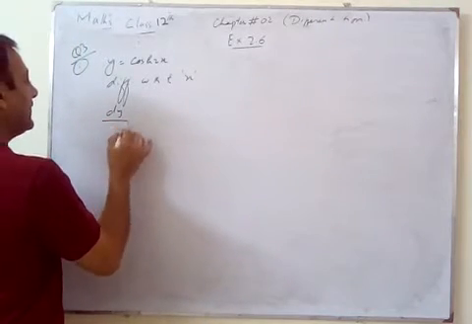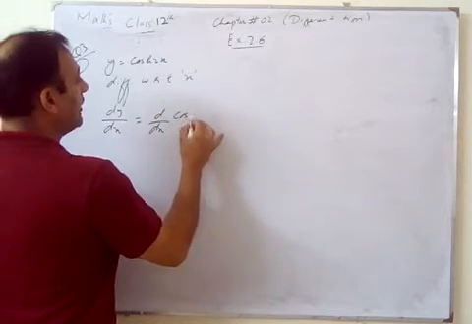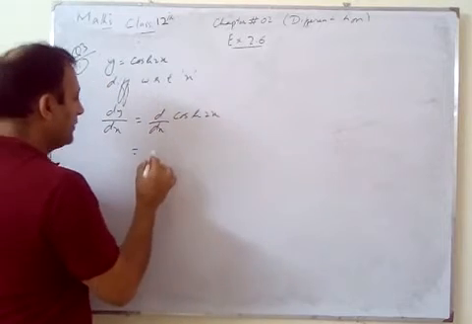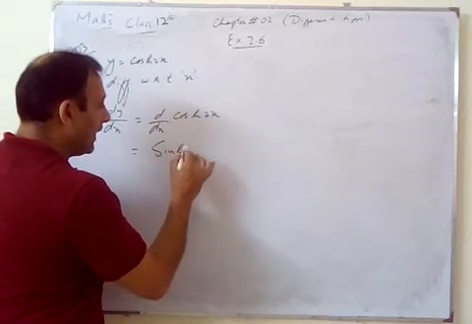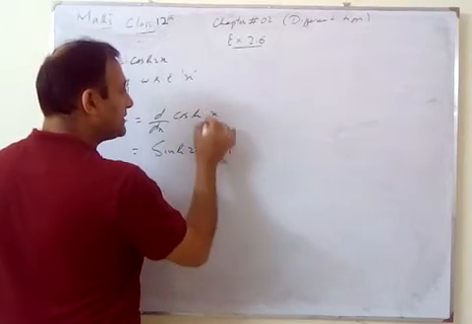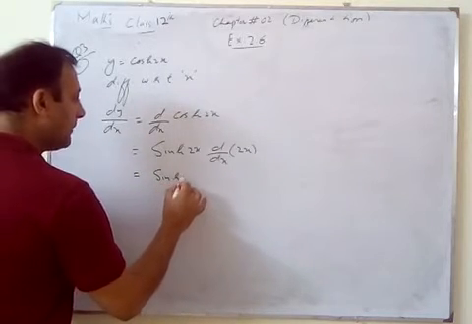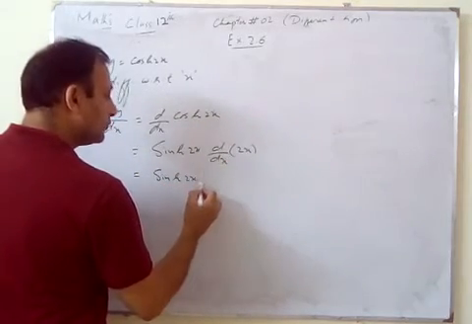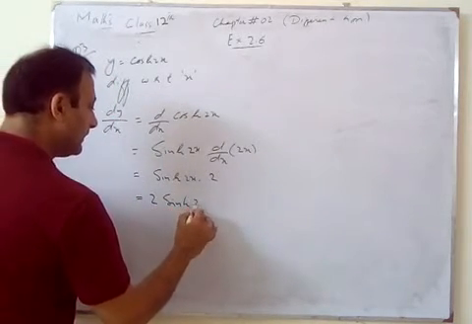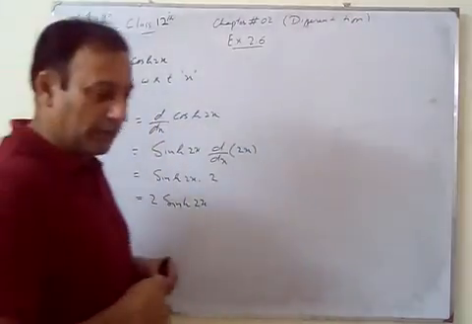So dy by dx is equal to the derivative of cosh 2x. First of all, the derivative of cosh is sinh 2x into the derivative of 2x. So sinh 2x into 2, or 2 sinh 2x. So this is the derivative of cosh 2x.